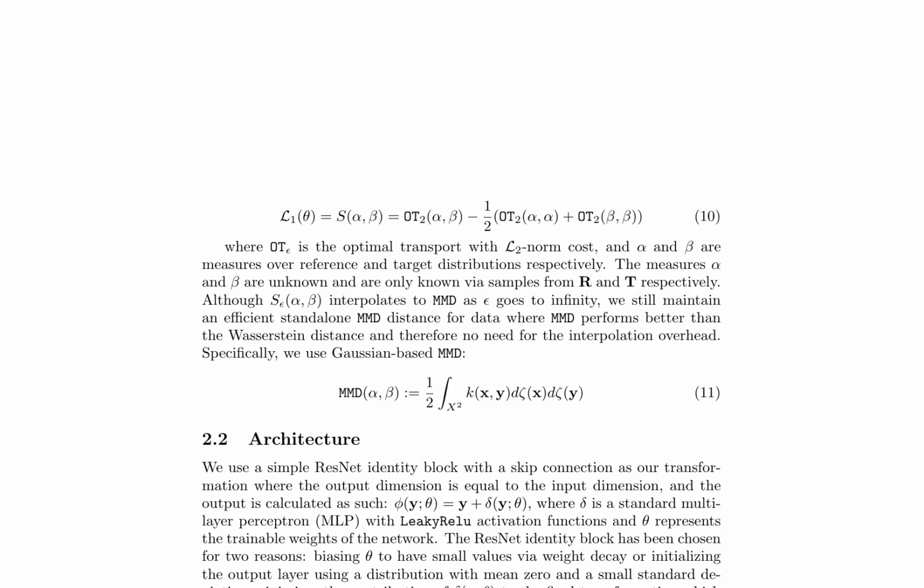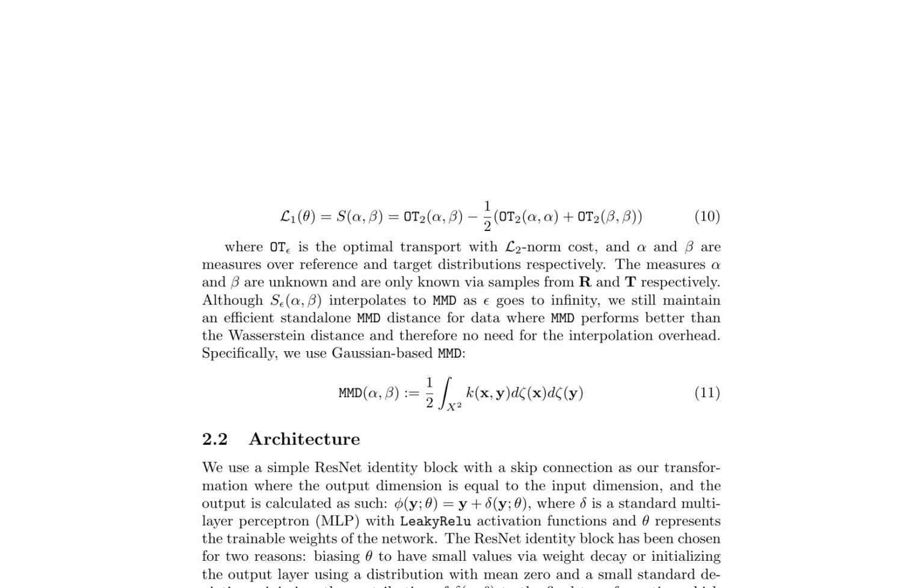The proposed architecture utilizes a simple ResNet identity block as the transformation function, where the output dimension is equal to the input dimension. The transformation function is calculated as phi(y, theta) equals y plus delta(y, theta), where delta(y, theta) is a standard multilayer perceptron, MLP, with leaky ReLU activation functions, and theta represents the trainable weights of the network.